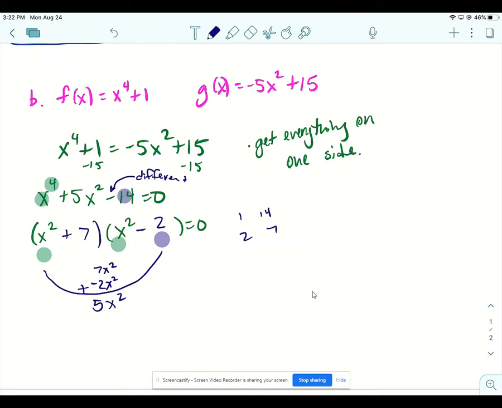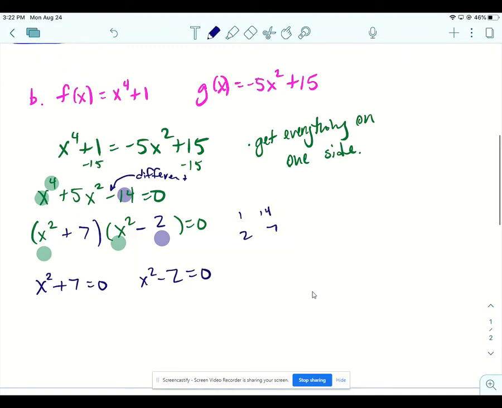All right, so now I'm going to set each one of those equal to 0 and then solve it for x. So I'm going to subtract 7 and then do the square root. Don't forget the positive and negative square root.